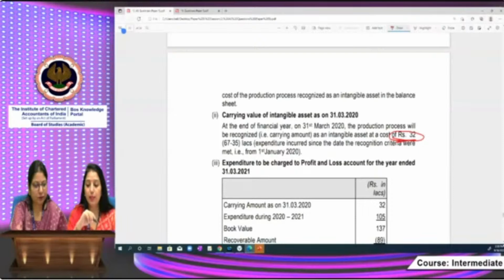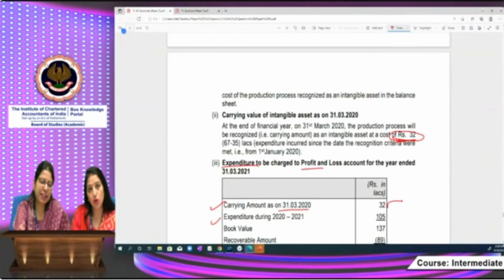For calculating the expenditure which will be charged to P&L, carrying amount on 31st March 20 was 32. Expenditure incurred in 2021 was 105 lakh, in the next accounting year. Because these expenses are incurred after meeting the criteria, they will become the part of the cost of the asset. So 32 plus 105, 137.